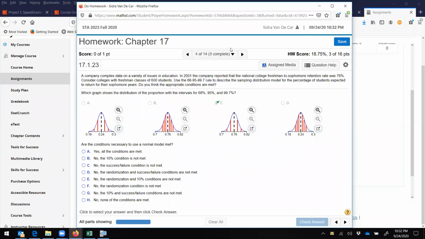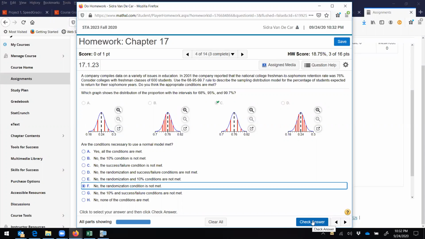But 76% of 600 is going to be bigger than 10, and 24% of 600, 1 minus 76, is going to be bigger than 10, so our success failure condition is met. The 10% condition, 600 students is certainly less than 10% of all students. So those two conditions are met, but I'm going to be concerned about that randomization because it's not really specified in the problem.